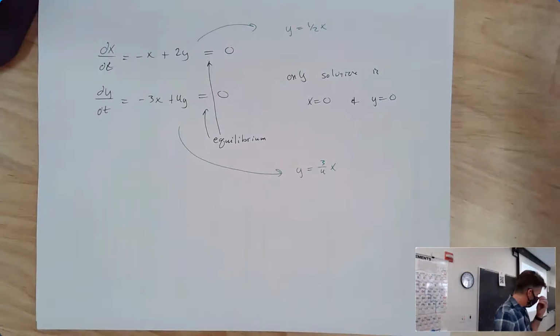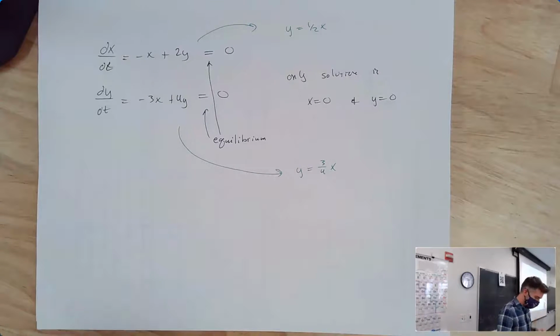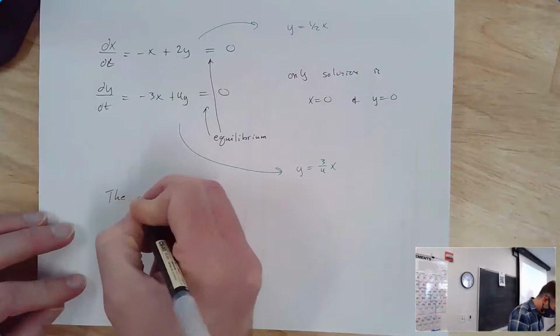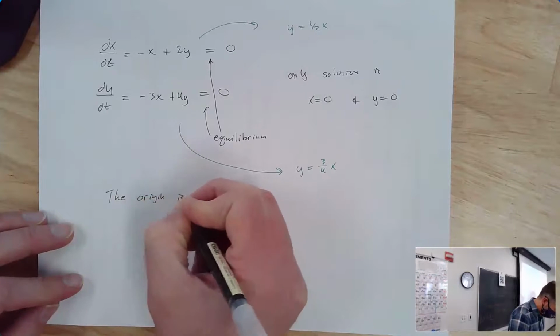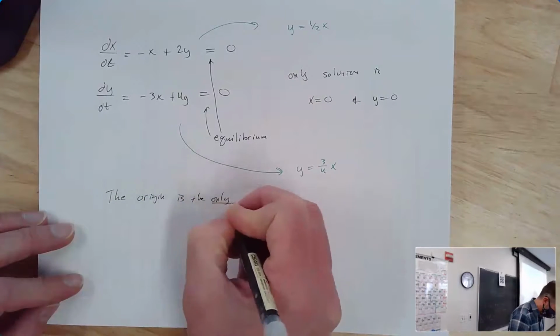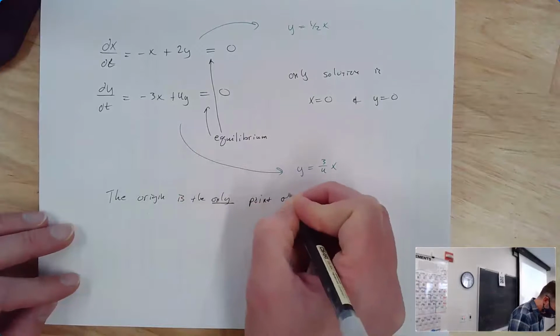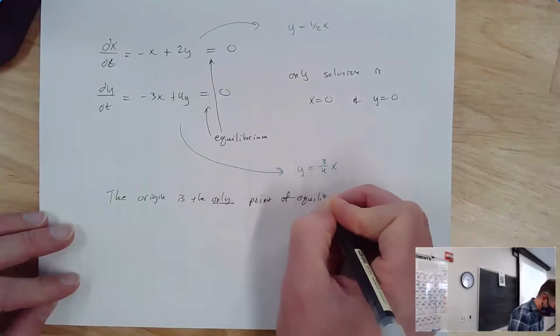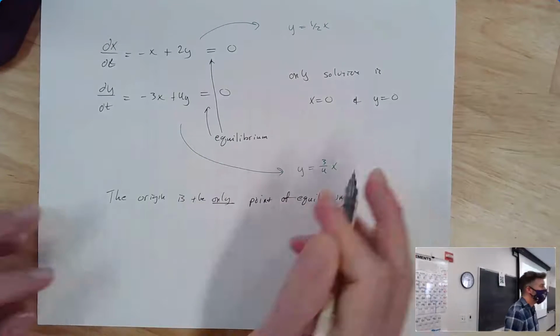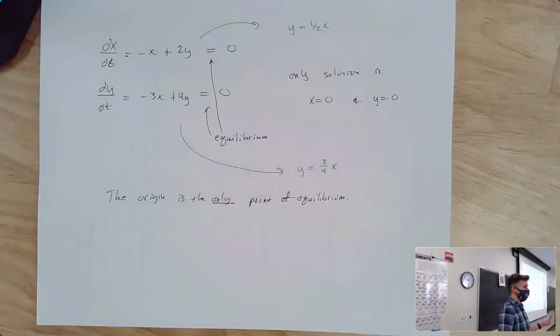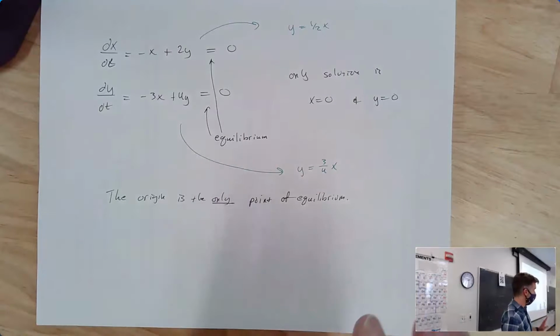So for these linear systems of differential equations, the origin is the only point of equilibrium. That won't be true later on when we talk about nonlinear systems of differential equations. Sorry, I just want to make sure this isn't always true. This is just true for now.